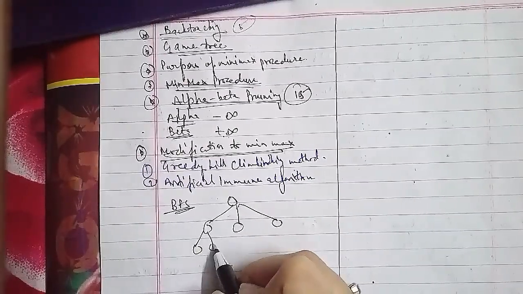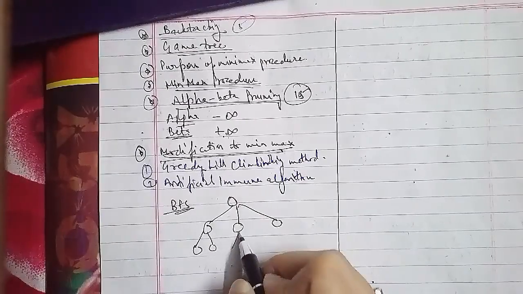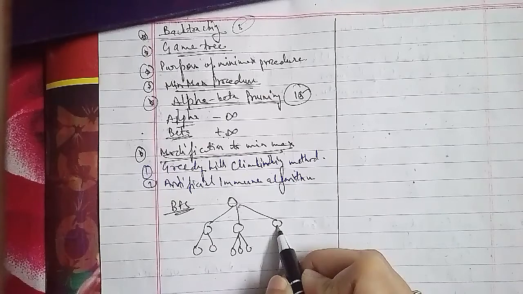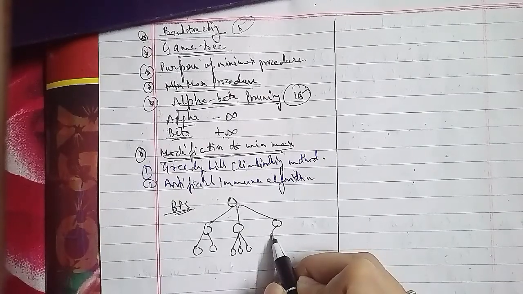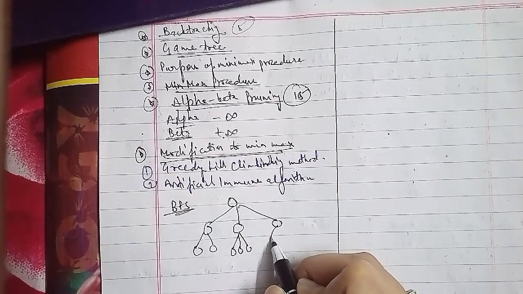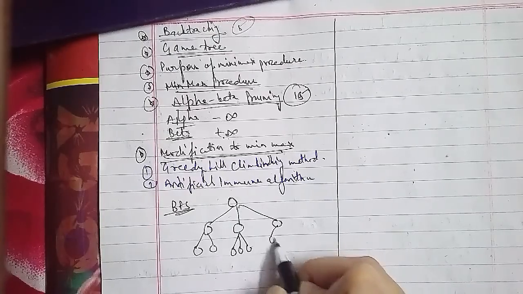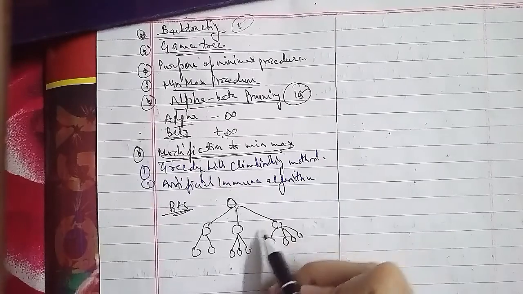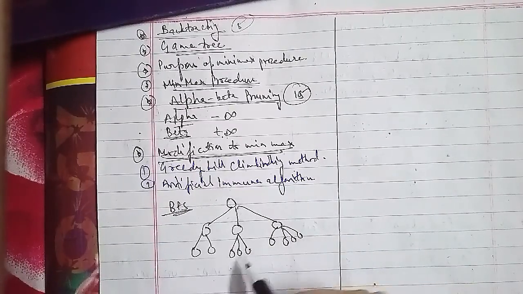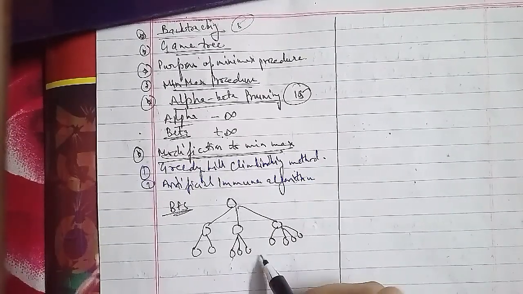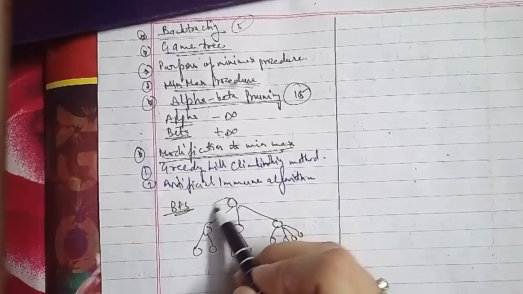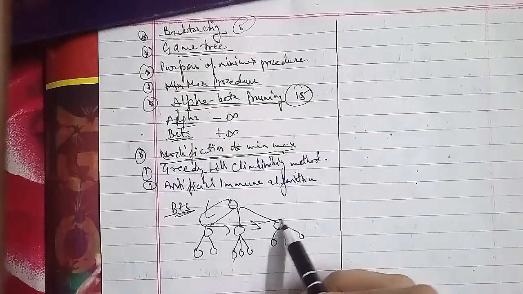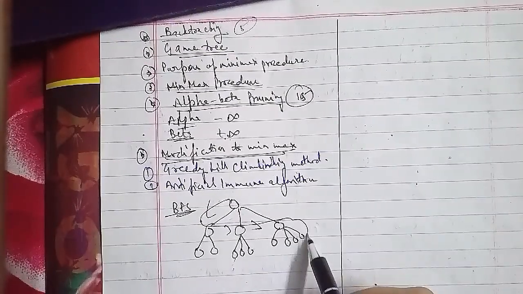Now we'll talk in some detail about DFS, that is depth first search. In DFS, the search is performed by diving downward into the tree as quickly as possible. It does this by always generating a child from the most recently expanded node, then generating that child's children, and so on until a goal is found or some cutoff depth D is reached.